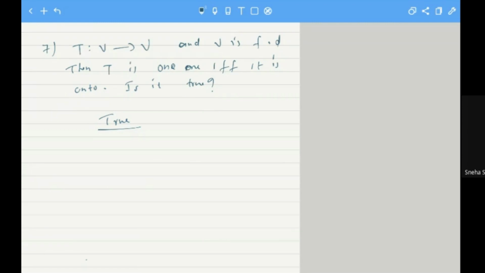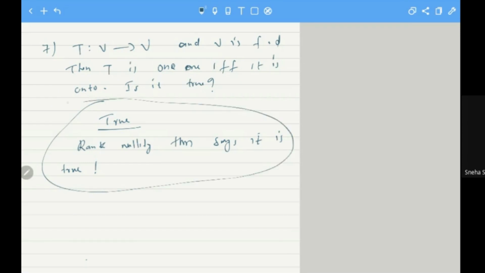Rank nullity. Yeah, exactly. It is actually an easy statement from the rank nullity theorem.